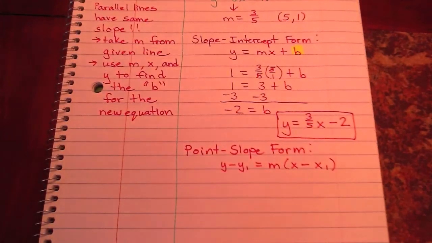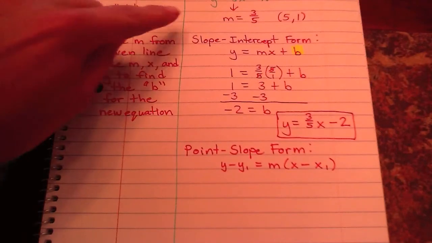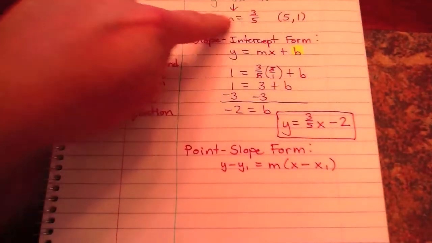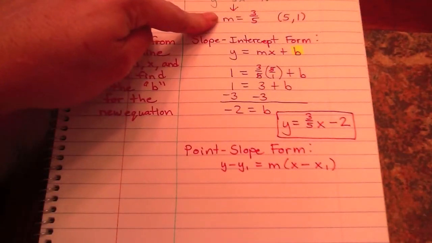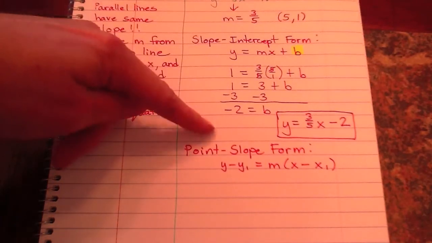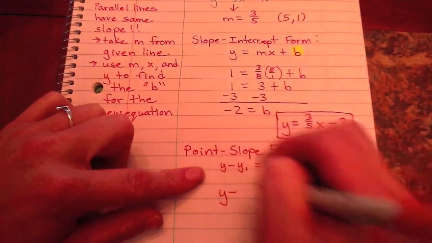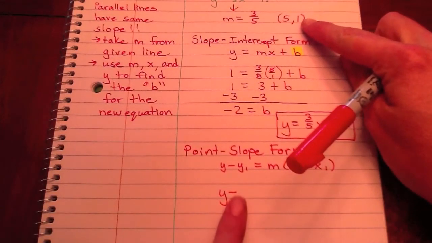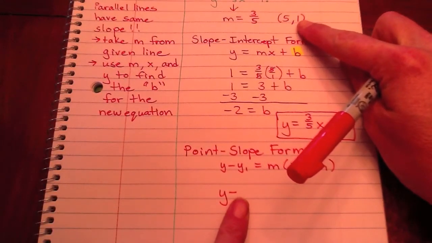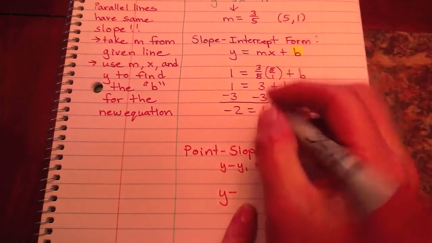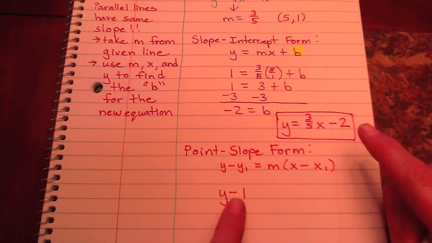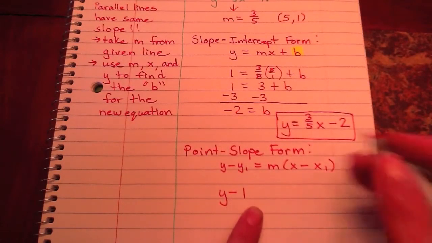So now looking at it in point-slope form, again, you still just need a point and your slope. So you're going to plug these in to your equation. So y subtracting, and then you remember you have to watch your signs. So this is just a +1, so I can just put 1 there. If it was a -1, I'd have to change that sign there.